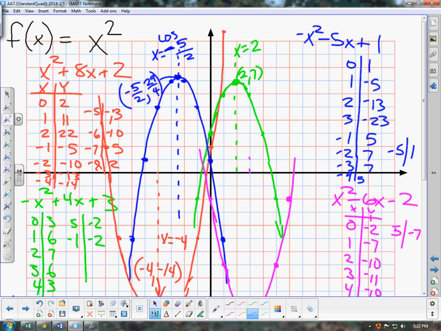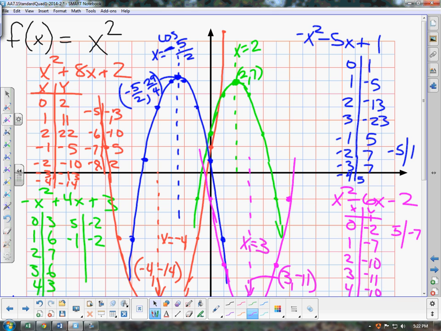And so this right there is our line of symmetry, which is at x equals 3. And the vertex down there is (3, negative 11). And so those are what the graphs should look like.